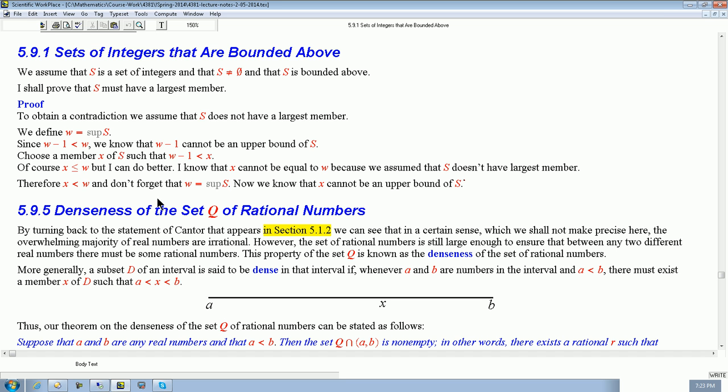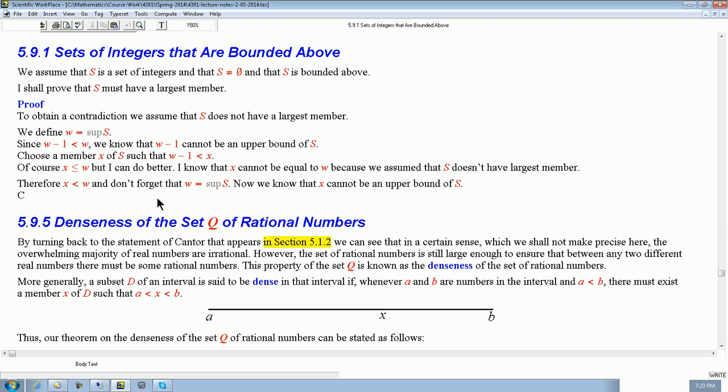When you know that a number is not an upper bound of a set, you know that there exist members of the set that are bigger. When something exists, you say, choose. Choose what? Choose a member, which I think I'll call Y, of S, such that X is less than Y. Okay?